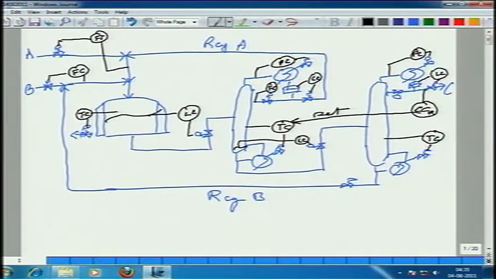You would definitely have a, what does column 2 do? What does the rectifying section of column 2 do? What function does it accomplish? Is the question clear? What is the function of the rectification section in the second column?